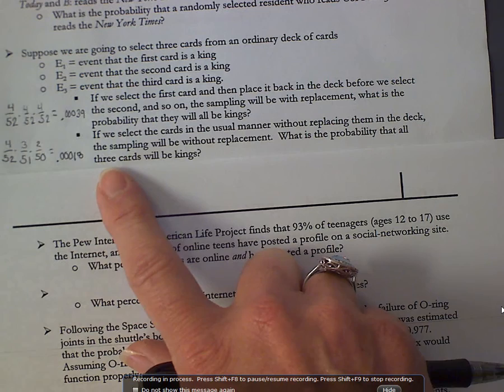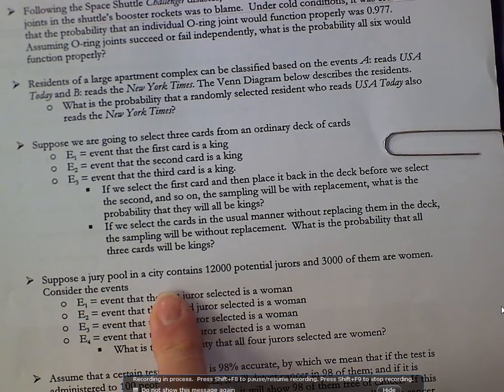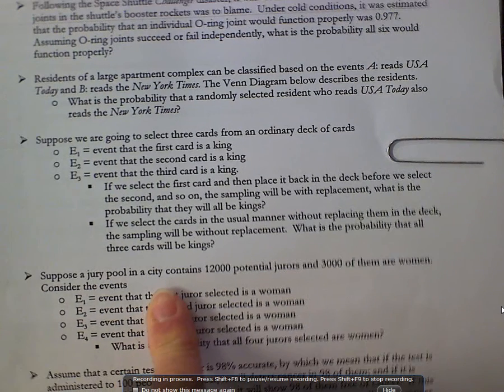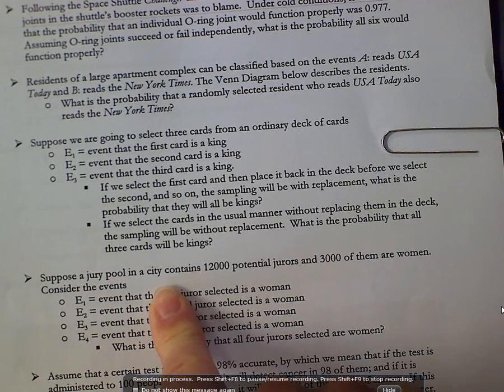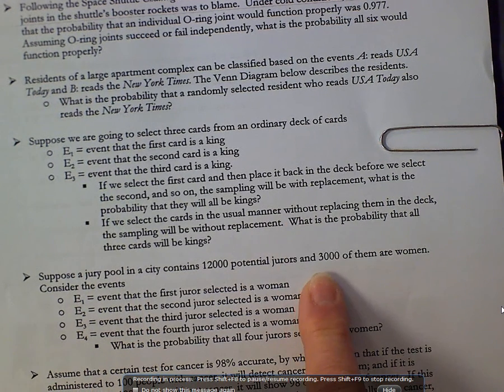But now let's look at this next example, okay? Let's say we've got a pool of jurors to select from, okay? 12,000 different people that we can pick to serve on a jury, okay? And let's say that it's known that 3,000 of them are women.